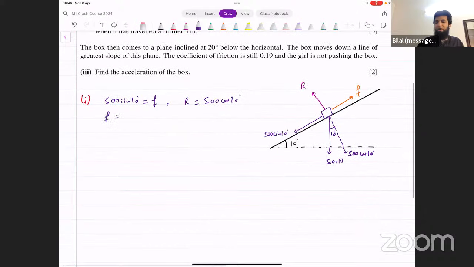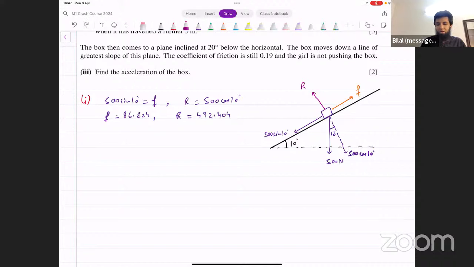Friction turns out to be 500 sine 10, which is 86.824, and reaction turns out to be 500 cos 10, which is 492.404. So we have the value of friction and reaction.